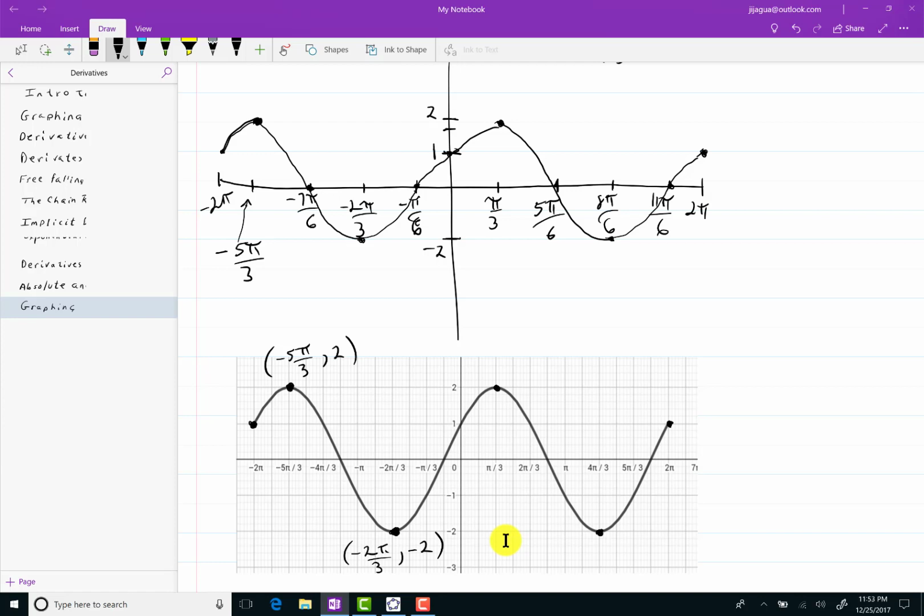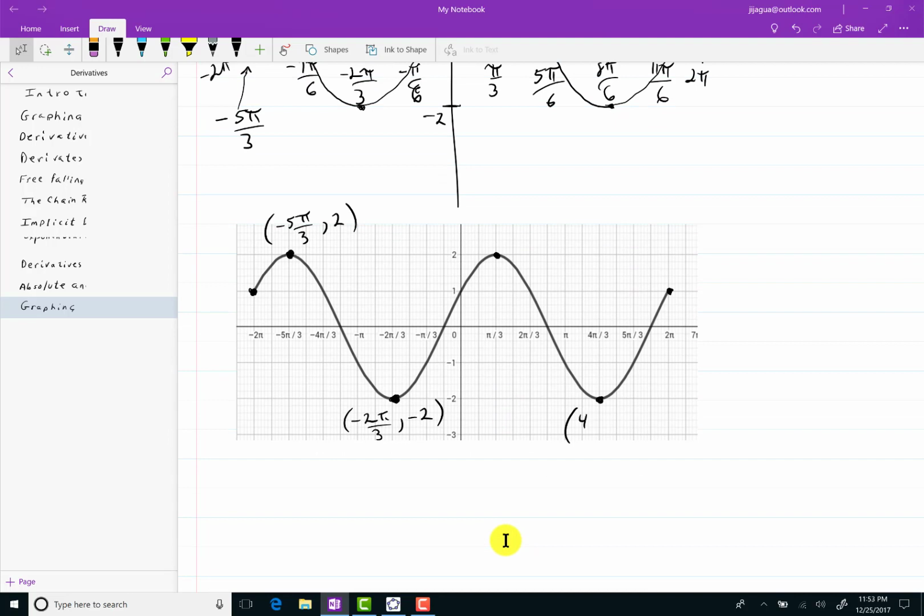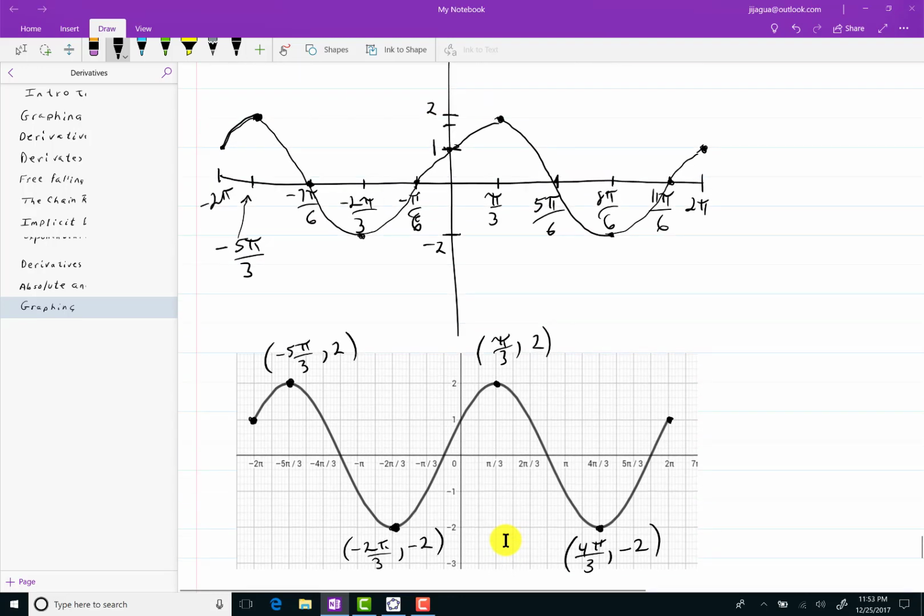All right, so then we got another point here. Minimum at 4 pi over 3 comma negative 2. All of these are also, besides local, they're absolute. Let me just make sure I had the pi over 3, 2 up there.